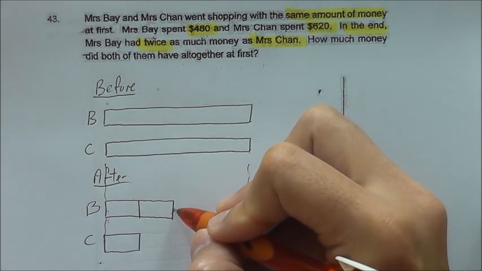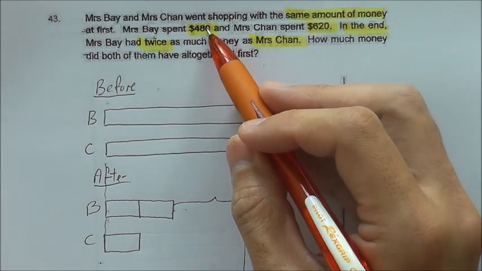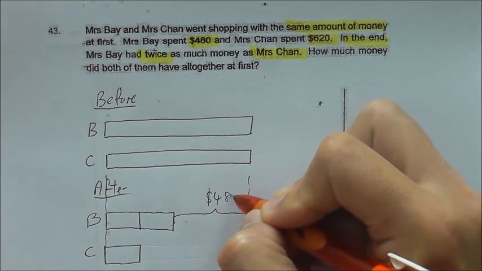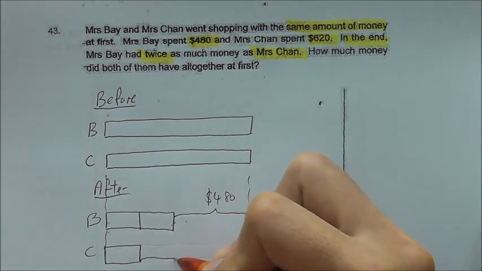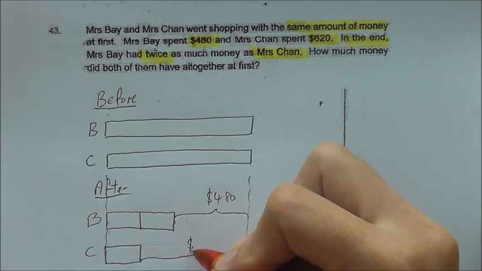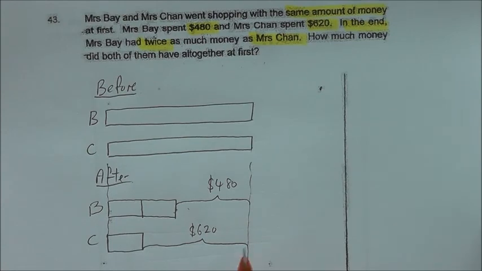It is actually the money that Mrs. Bay spent. That will be $480. And for this part, that will be the amount that Mrs. Chan has spent, $620.